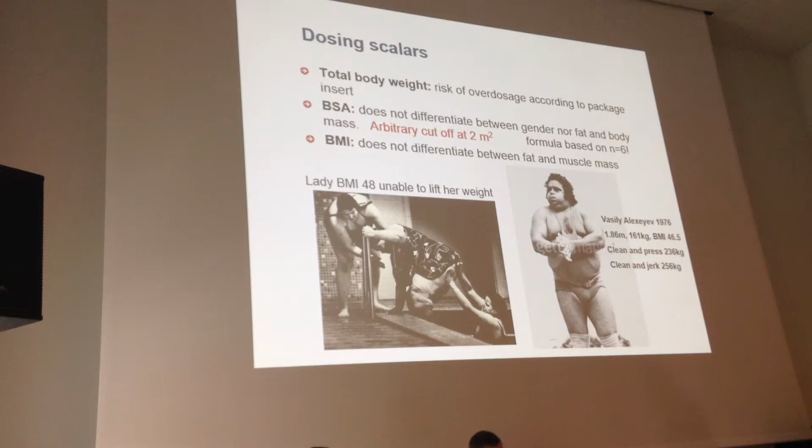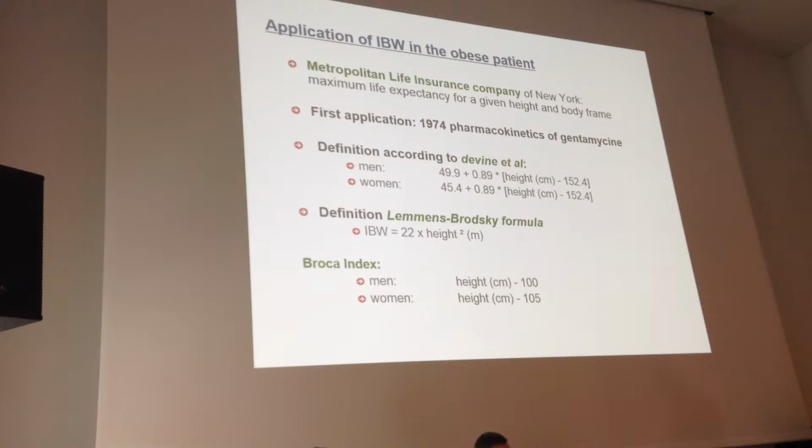BMI, the problem with BMI, it does not differentiate between fat and muscle mass, as witnessed by this fat lady trying to get out of a swimming pool compared to this Russian athlete with a BMI of 46 who can perform really Olympic performances.